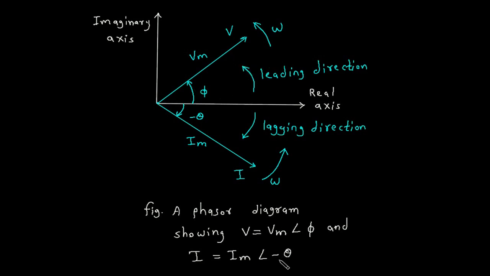And when it is negative, as in the case of current, I is equal to Im at an angle minus theta, this represents a lagging phasor, and this will be in this direction. Here we can see this is the amplitude or magnitude or maximum value of current Im, and it is rotating in the lagging direction. So this is lagging and its angle is minus theta.